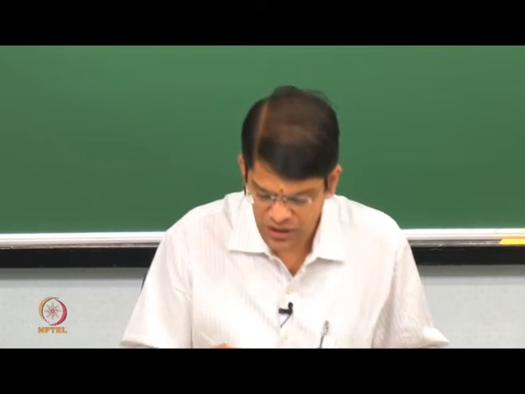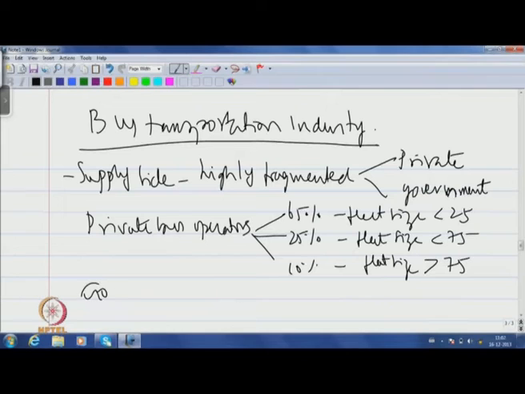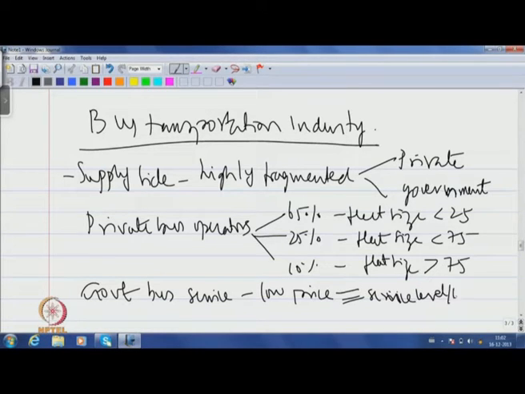And of course, on the other side you had the government bus transportation, the government bus service, and they had a different characterization, predominantly low price, as a result of which the service level, the comfort was also not comparable to the private bus operators, and they catered to a different market composition.